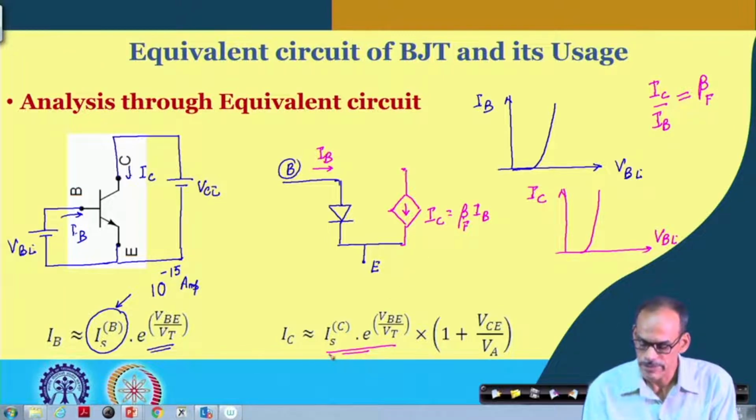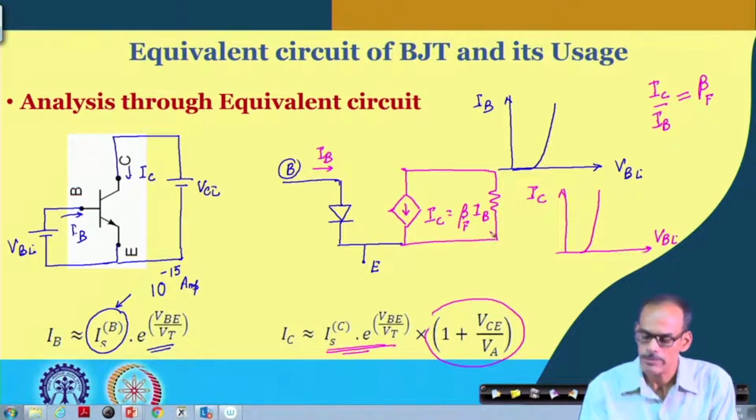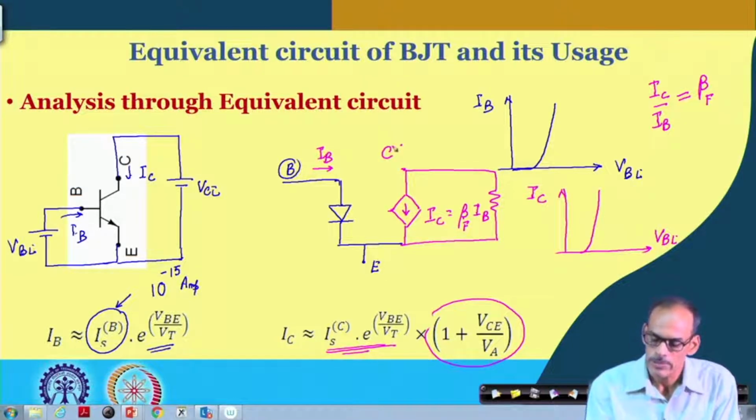In fact, this part is well captured by this relationship. Now, in case you also want to represent this part, the dependency of the total collector current, that can also be captured by this one. You may put some additional conducting path from collector to emitter. Typically, since this part is very small, we ignore it.